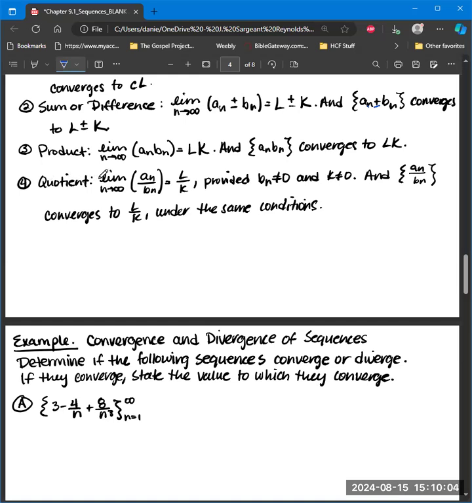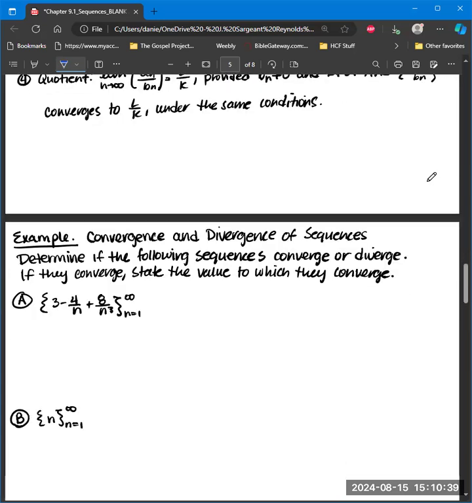And we have a quotient rule here for the limit as n goes to infinity of a sub n divided by b sub n is equal to L over k, provided that b sub n is not equal to 0, and that k is not equal to 0. So if that's true, then the sequence a sub n over b sub n converges to L over k under the same conditions here, that b sub n is not 0 and k is not 0, that b sub n doesn't converge to 0.